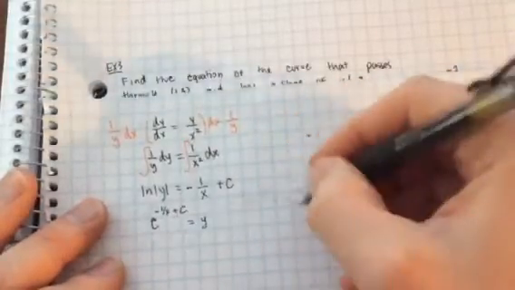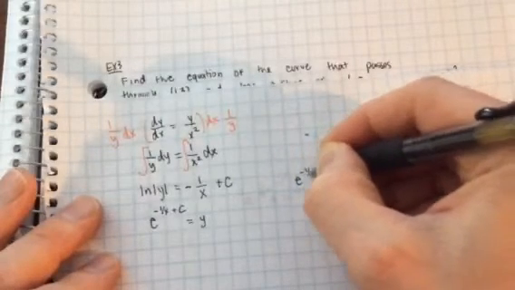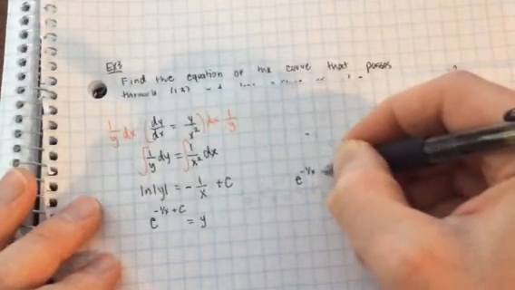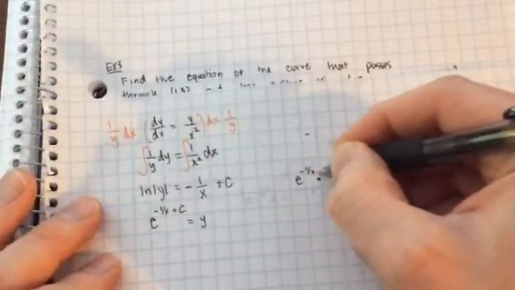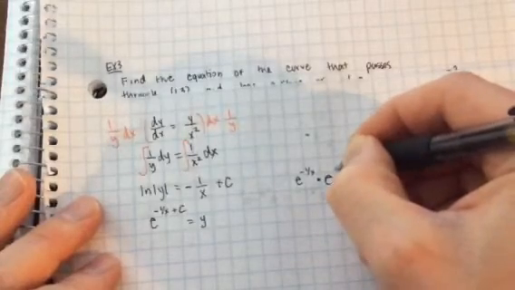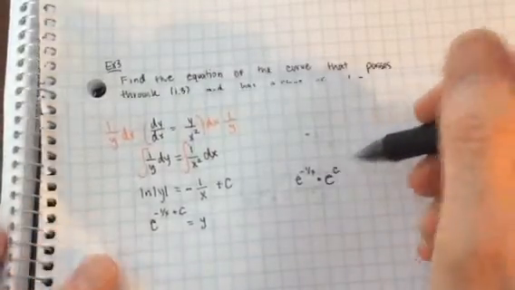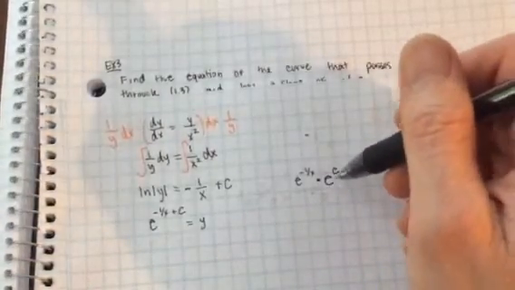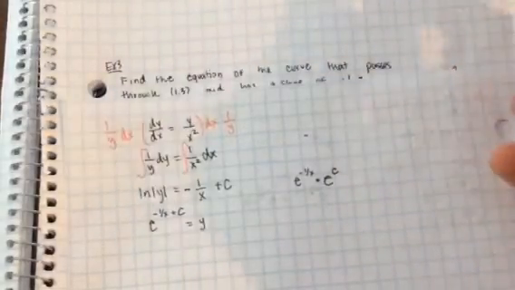We also need to remember that if it's e to the negative 1 over x and then we are adding c to it, that's the same thing as e to the negative 1 over x times e to the c power. Alright, and since c is our constant, it's just an arbitrary constant, raising e to that would be just our arbitrary constant as well.